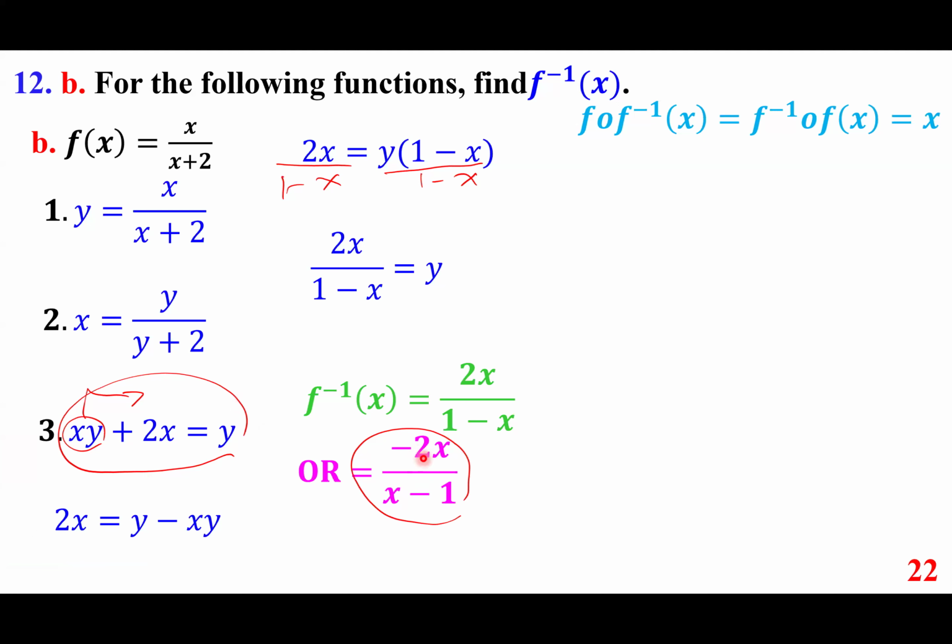Why are they the same? If you multiply the top and the bottom by negative, this becomes minus 2x, this becomes minus 1 plus x. So that's either way. Now, their composite function must be x, and we can look at that to show that we haven't made a mistake, everybody.